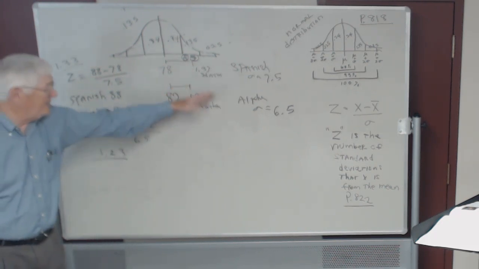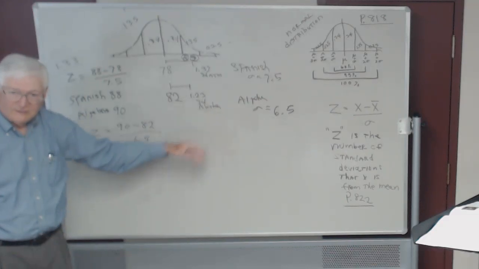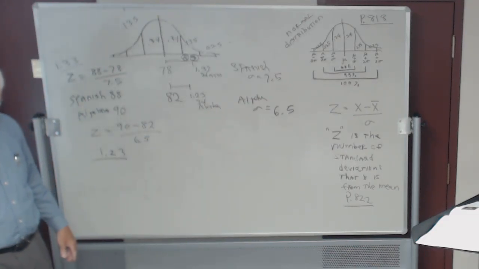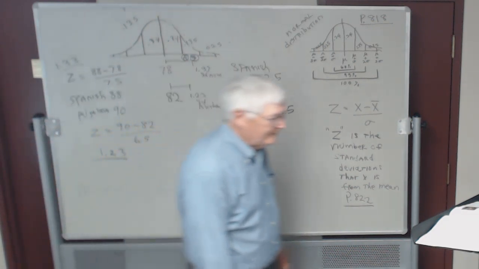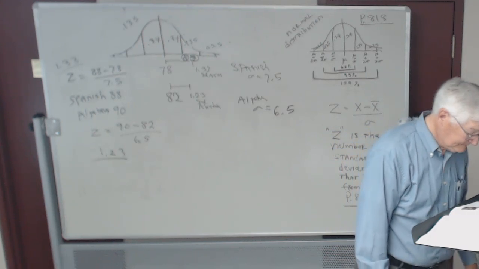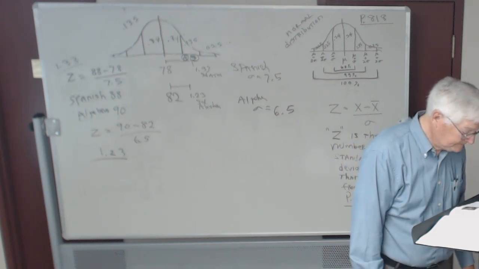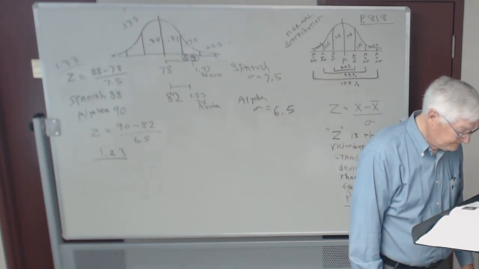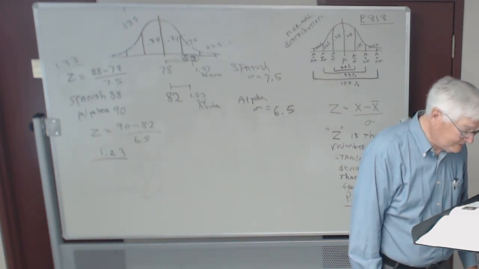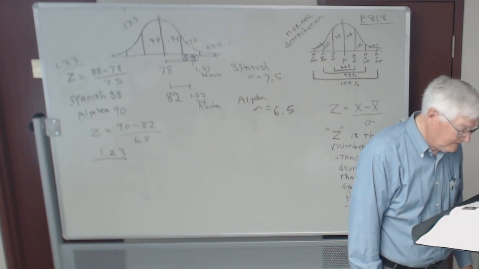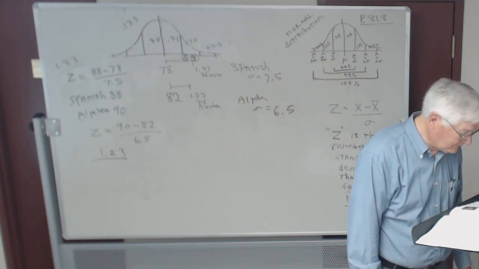The 90 here is only 8 points above the average. So for problem 17, you have to do that same kind of calculation to see which score was better.